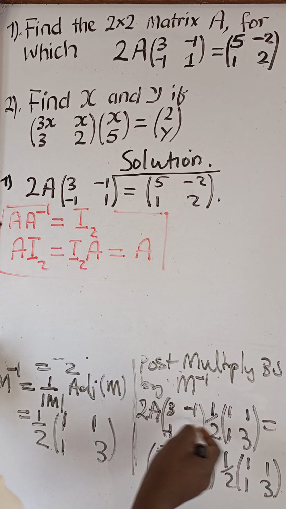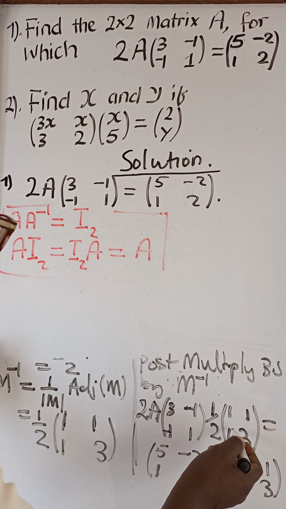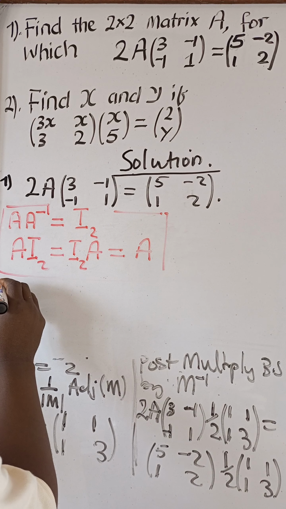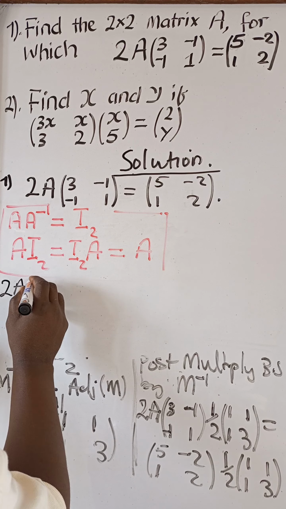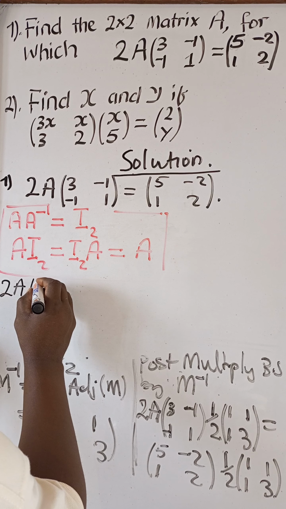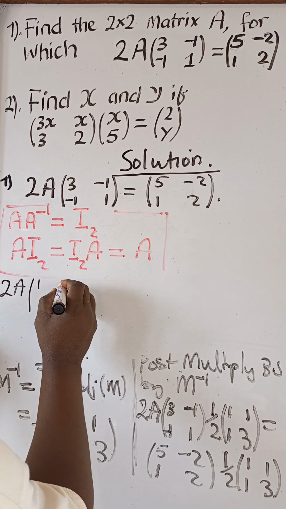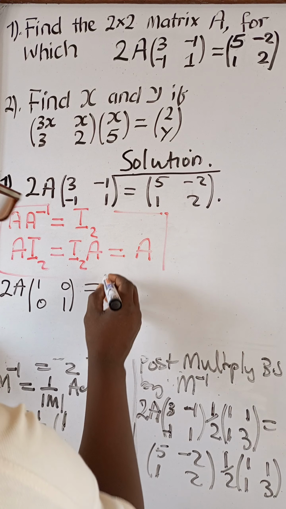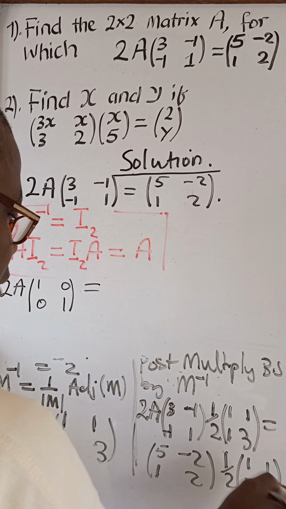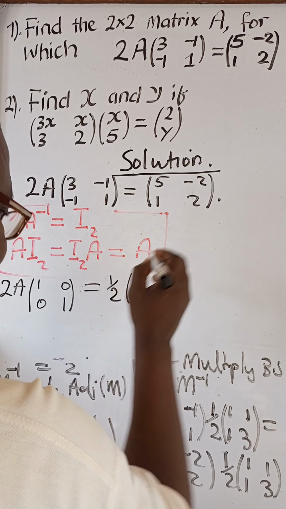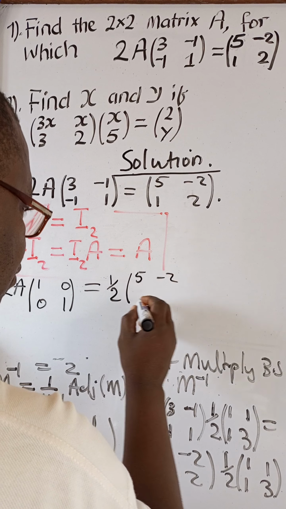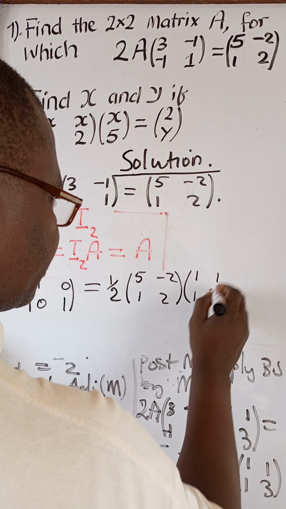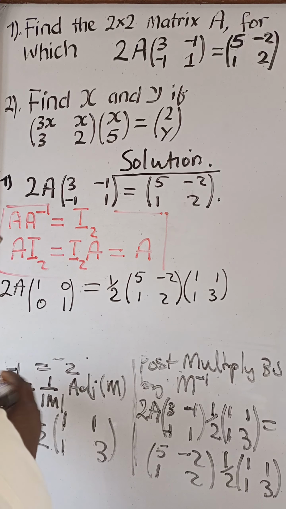This is what we have here. This matrix is our inverse, and so there we're going to obtain 2A multiplied to the 2 by 2 identity matrix, [1, 0; 0, 1]. It's going to give us this product. We can put it as a half of [5, -2; 1, 2] multiplied to [1, 1; 1, 3]. This is what we have.